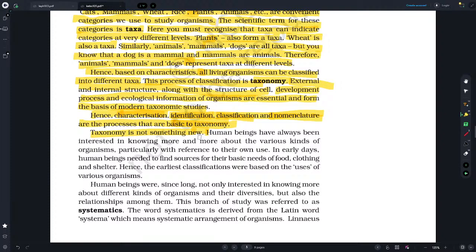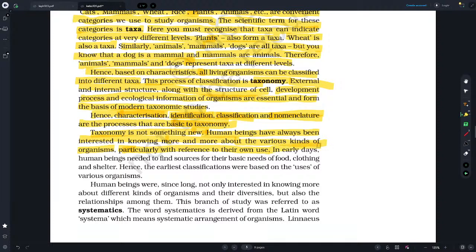Human beings have always been interested in knowing more and more about the various kinds of organisms, particularly with reference to their own use or daily use, such as cattle, dogs, sheep, goat, etc., which were used in the olden days or were helpful to humans.